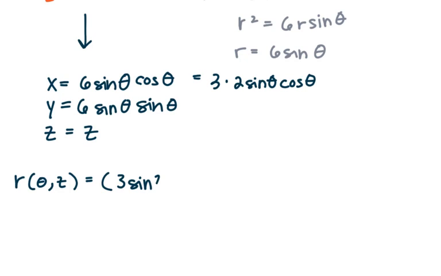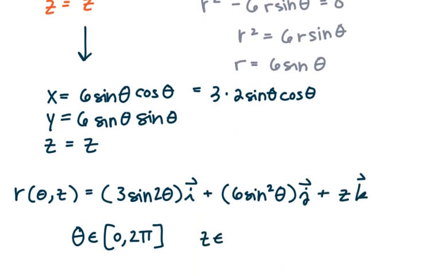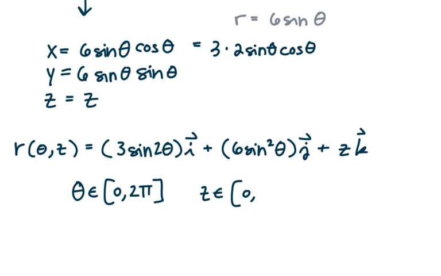So I have 3 sine 2 theta i plus 6 sine squared theta j plus z k. And in this situation, my theta is again going to fall between 0 and 2 pi. And what will my z values be between? Well, that was given. Z is between 0 and 5. So I don't have to do a conversion for this one.